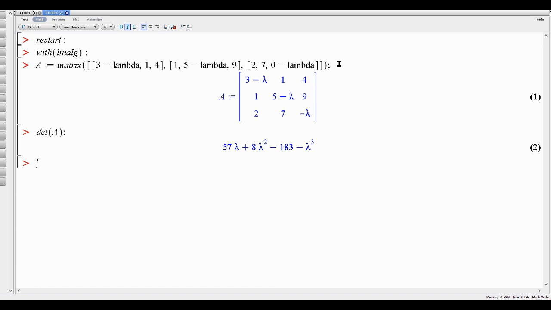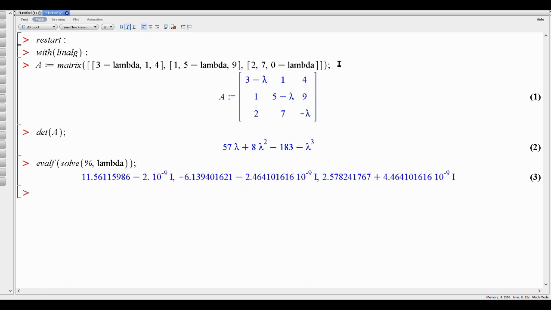So, I can say eval f solve the previous for lambda, and it will give me 3 roots. It gives me this very small imaginary part. Don't worry about it. The roots are real: 11.56, minus 6.14 and 2.58.